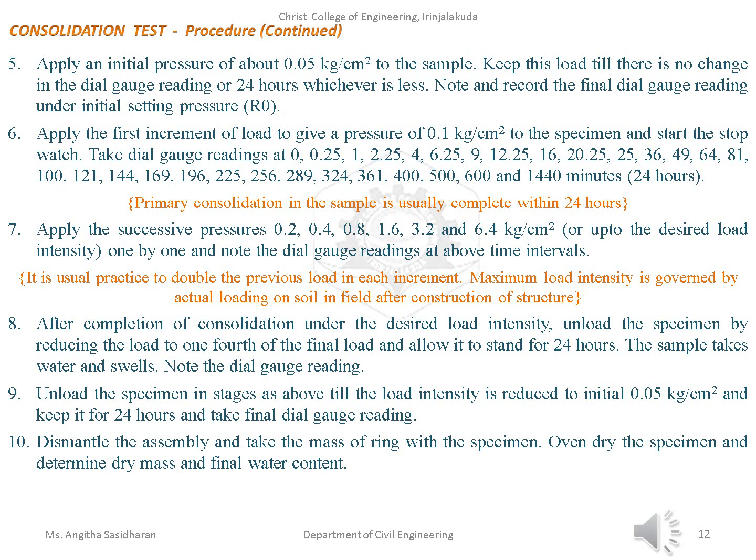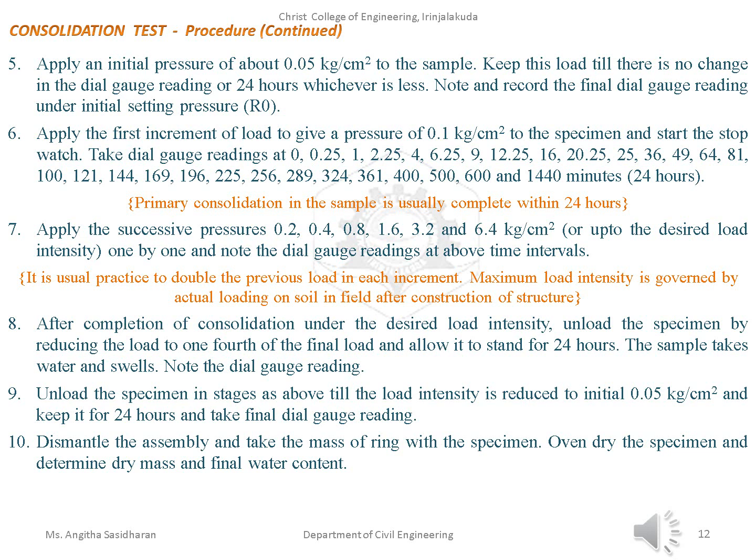After that, we'll again double this load increment, that is, instead of 0.1, I will double the load to 0.2 kg/cm² load intensity. We'll apply such a pressure, and again take the dial gauge readings at various time intervals, and the same thing is continued.